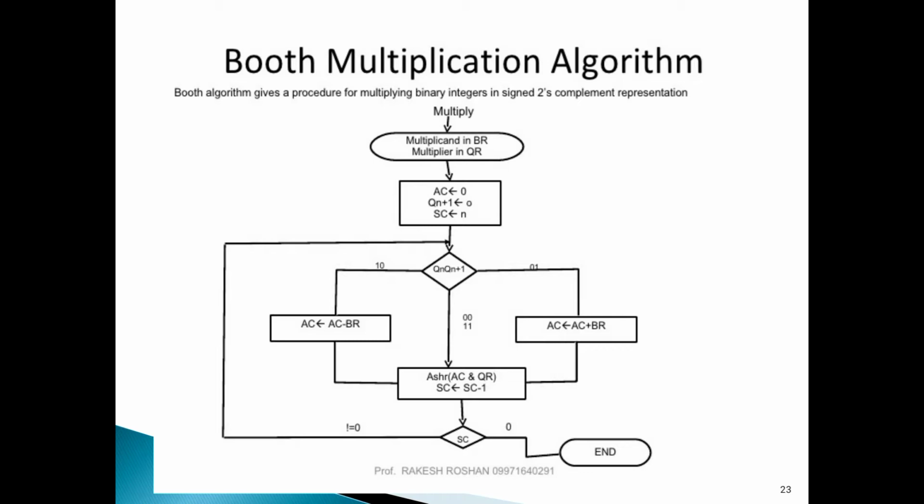In the same manner, if QN comma QN plus 1 is 1 0, that is QN equal to 1 and QN plus 1 equal to 0, then go this way.